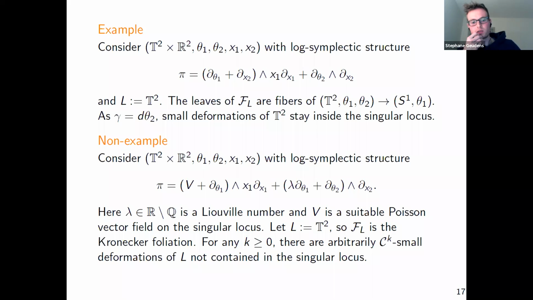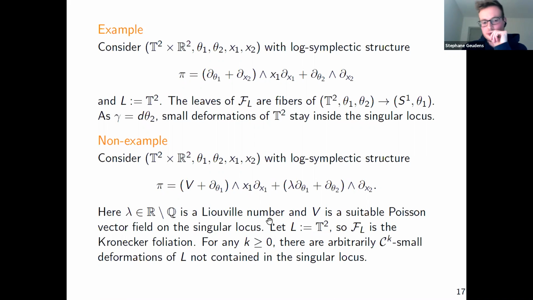And so the Kronecker foliation has this somewhat strange property that its Fourier cohomology depends on which kind of irrational number you consider. So it's one-dimensional for generic irrational numbers, but for Liouville numbers, H1 is infinite dimensional. And so to get a non-example, let's take a Liouville number.